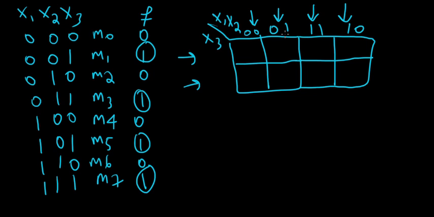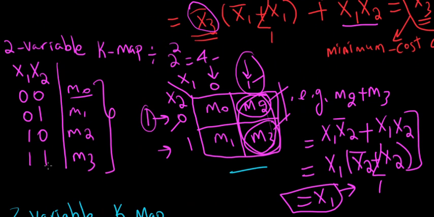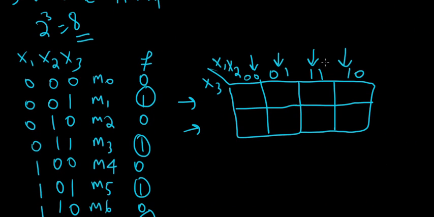For example, if we wrote this the conventional way, like 0, 0, 0, 1, 1, 0, 1, 1, we see that these two adjacent cells differ in two bits together, and we don't want that. And when we do K-mapping, we just want it to differ by one bit. Hence, we had to switch between these two. Now, x3, obviously, because it's just one bit, it's either 0 or 1.